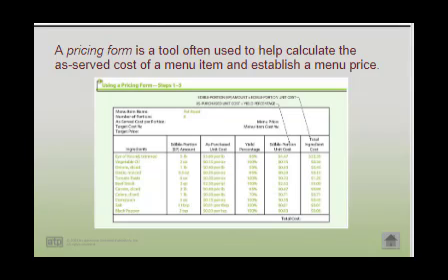Number 4, calculate the edible portion unit cost by dividing the as-purchased unit cost of each ingredient by the yield percentage of the ingredient. Number 5, calculate the total cost of each ingredient by multiplying the edible portion amount of each ingredient by the edible portion unit cost of each ingredient.